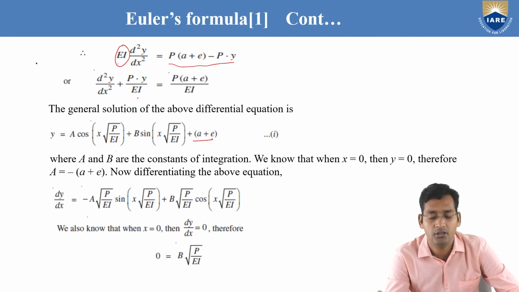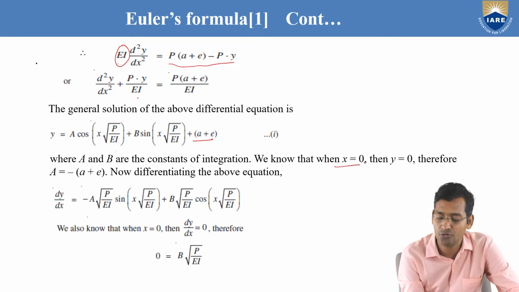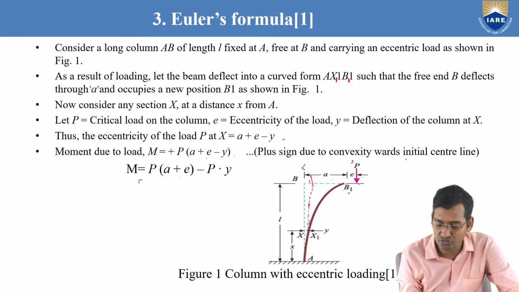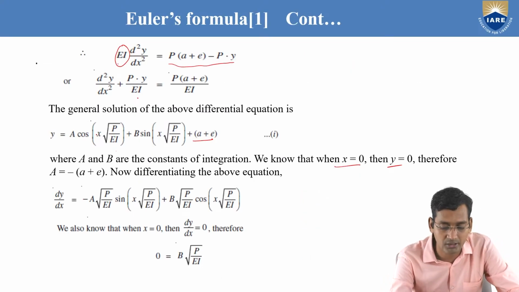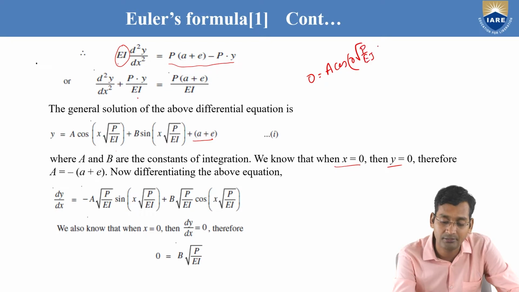Now what we have to do? Apply the boundary condition. When x equals 0, y equals 0. Just see here, at x equals 0 there is no deflection, so y is also 0. After substituting, at x equals 0, y equals 0: 0 equals A cos 0 root P by EI, plus B sin 0 root P by EI, plus a plus e.